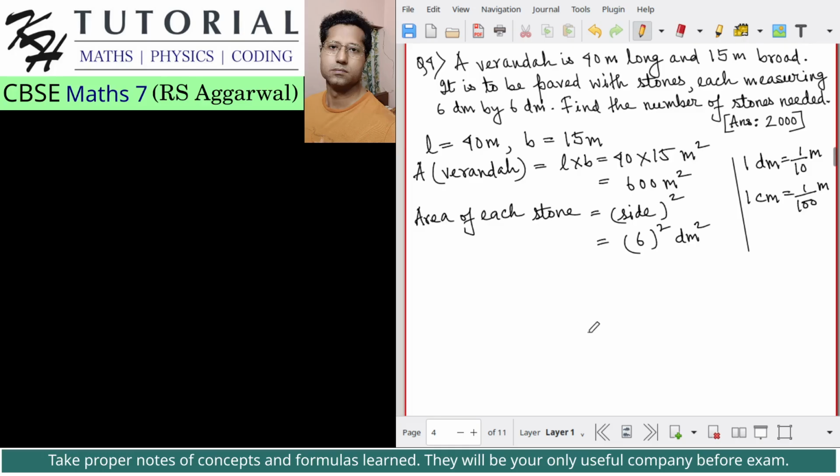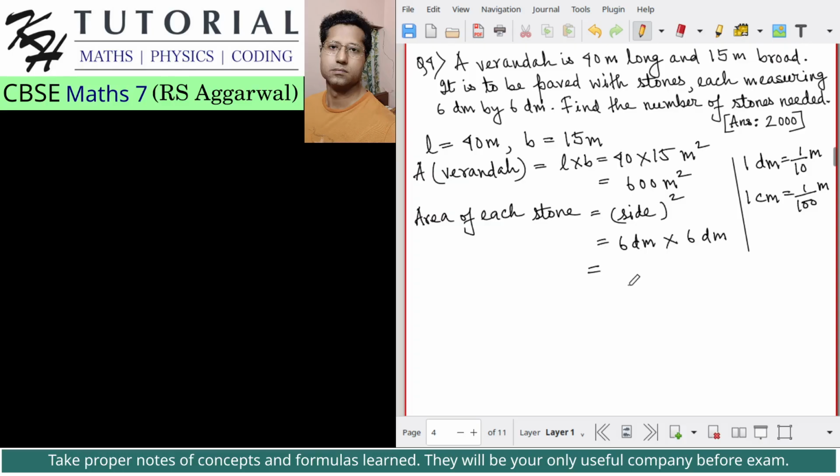Okay, so how do I convert area which is in dm square, that is decimeter square, to meter square? If you know the conversion formula, that is fine, but the simplest way is that the area of the stone will be side multiplied by side, that is 6 dm multiplied by 6 dm.